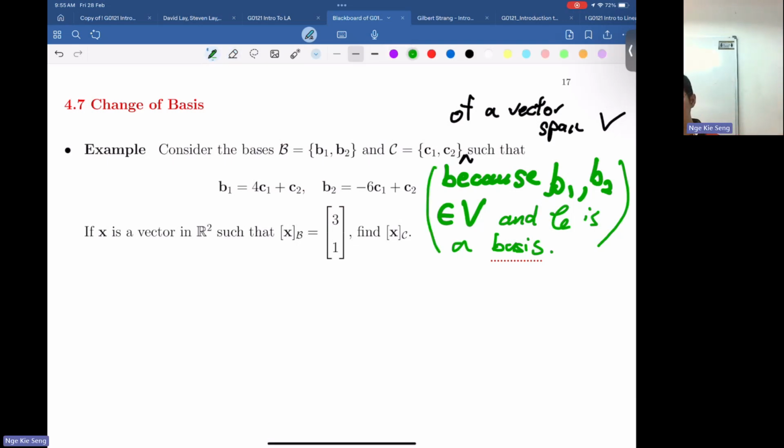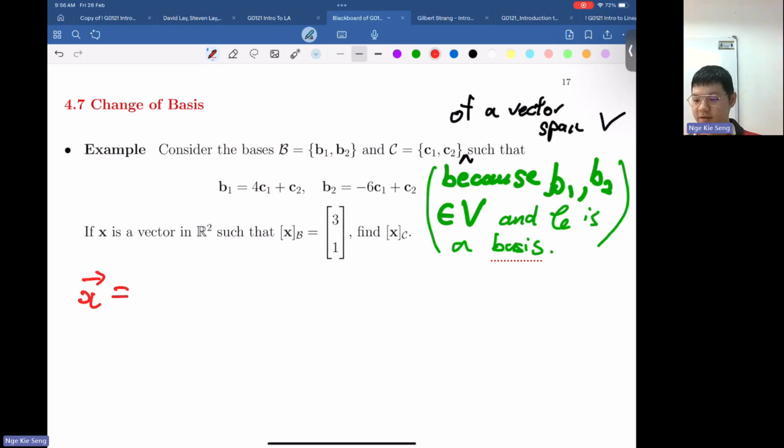So the problem is, if X is a vector in R2 such that the coordinate vector in B is 3, 1, you want to express it in a different basis. You change basis and see how the coefficients change. So what do you do? In this class, you just apply the definition first. What does this coordinate vector tell you?